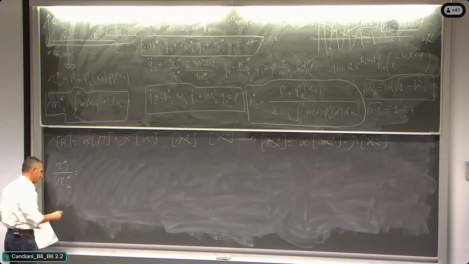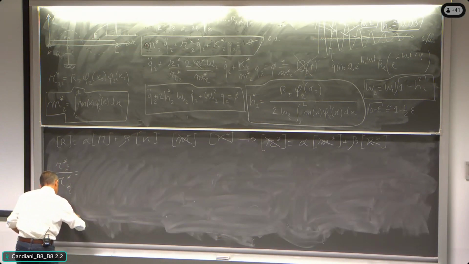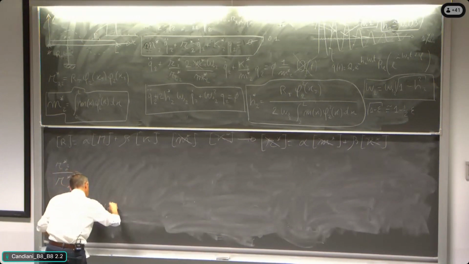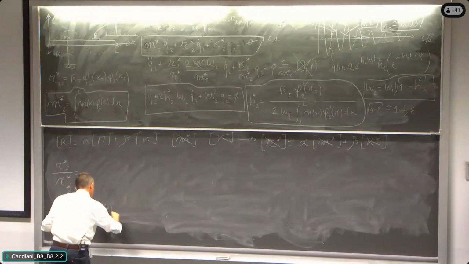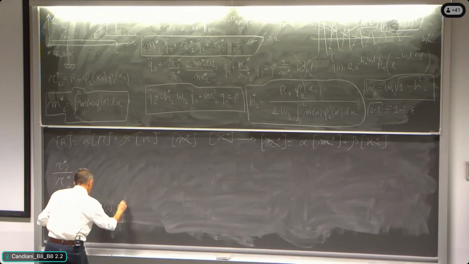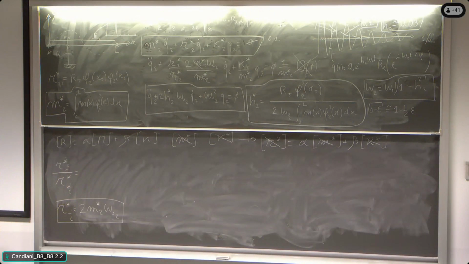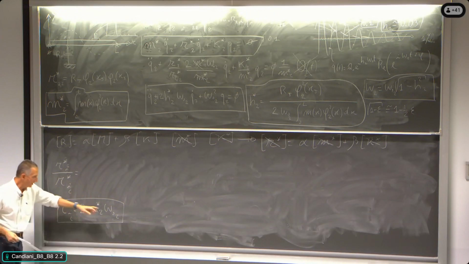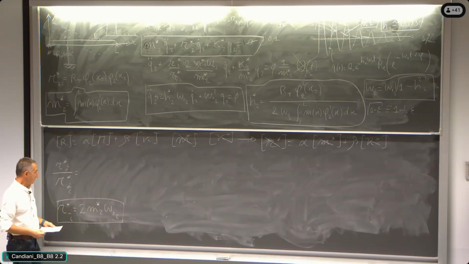And which is the critical damping? The critical damping associated to the mode i is 2 times m star of the mode i multiplied by omega 0 i. Always. The critical damping is twice the mass of this one degree of freedom system multiplied by the natural frequency.